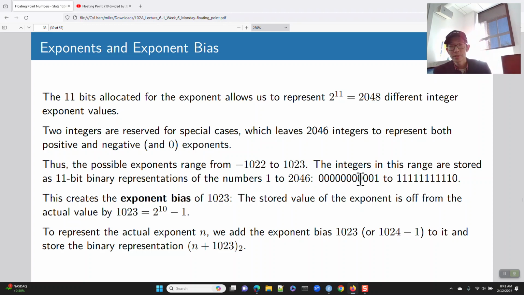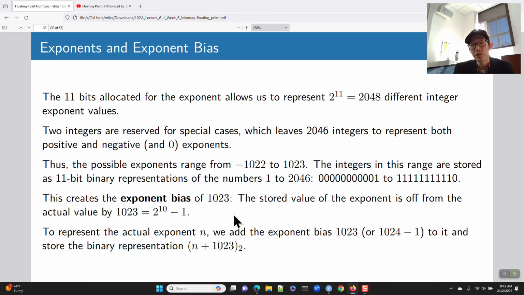So to go from 1 down to negative 1022, we say there is a bias of 1023. We're basically taking 1, and if I subtract off 1023, that gives me negative 1022. And then this value up here is 2046.